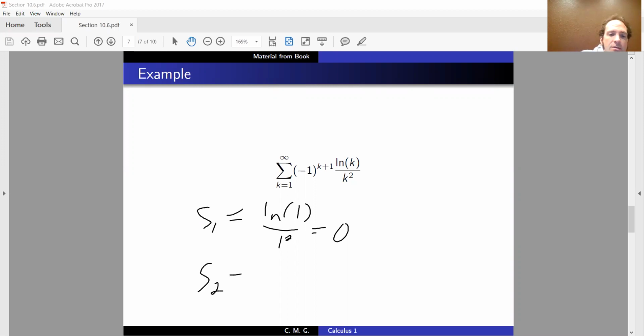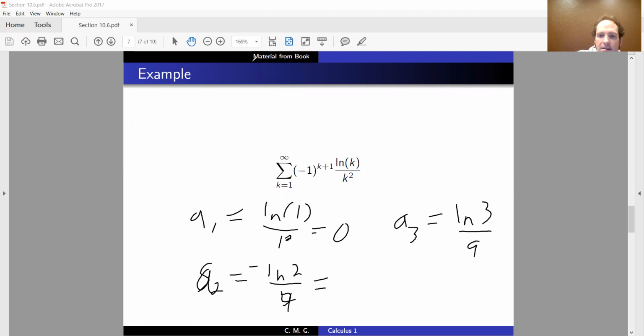Really I should be thinking of A2 here. So A1 is just 0. A2 is natural log of 2 over 4, which is 2 squared. And that is not 0. Then the third term of this series is just going to be natural log of 3 over 9.